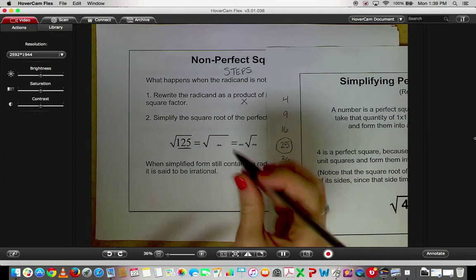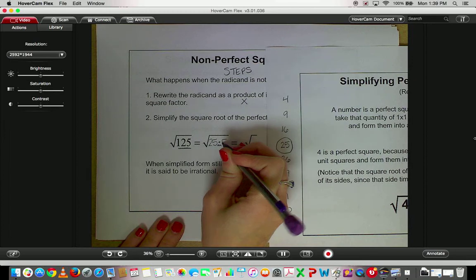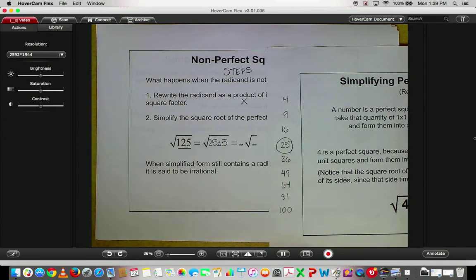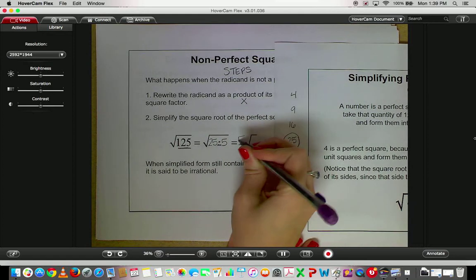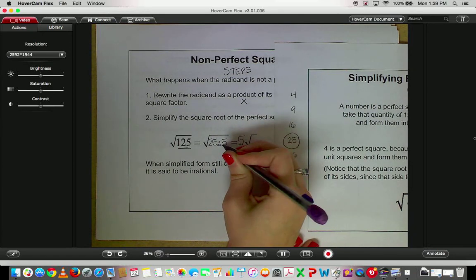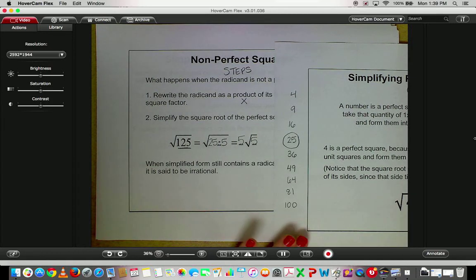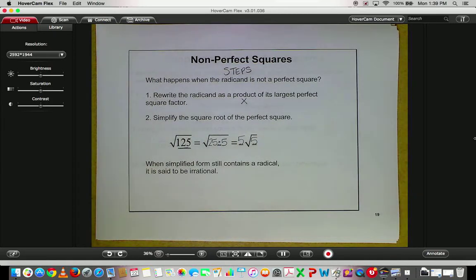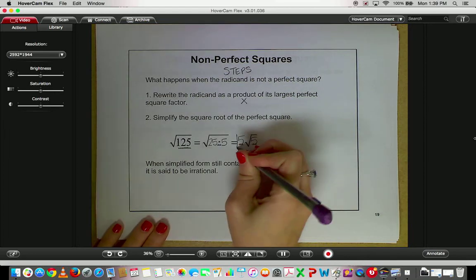Okay, so we would say the square root of 25 times the square root of 5. All right, the square root of 25 simplifies to 5. The square root of 5 does not simplify, so it stays in the radical. So your simplified form there would be irrational because it still contains the radical, and this would be your answer.